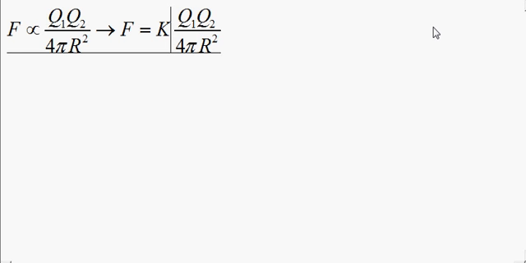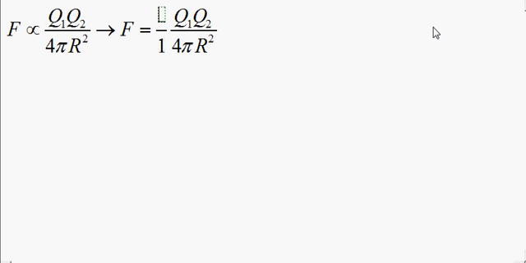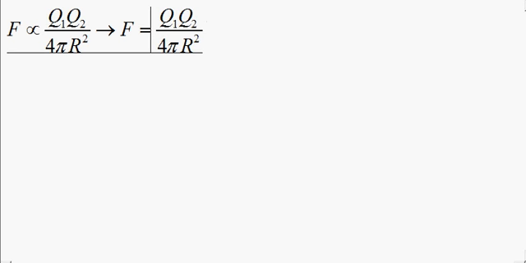And then this k turns out to be 1 over epsilon 0. That's just the proportionality constant that was determined, and they just bring it into the denominator, so it's 1 over 4 pi epsilon 0.